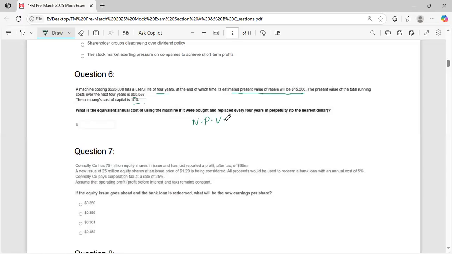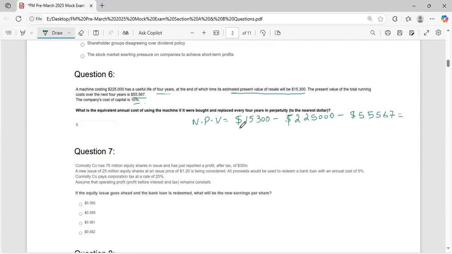Net present value is we are expecting cash inflow, present value 15,300, minus machine costing 225,000, minus running cost present value 55,567.